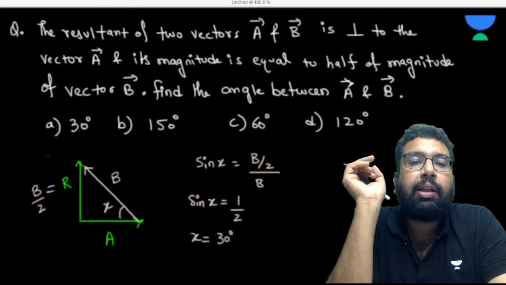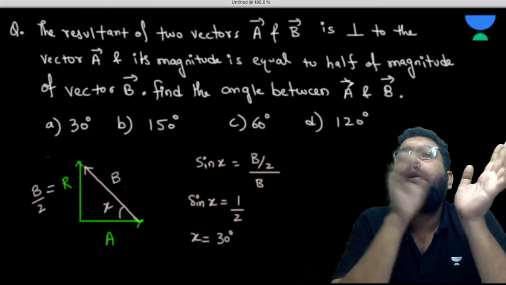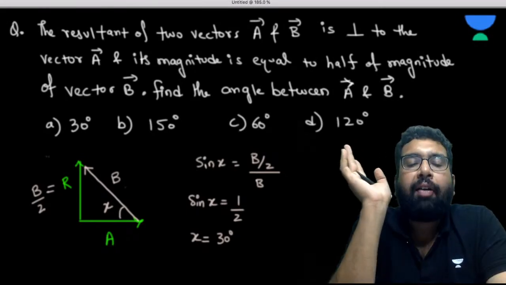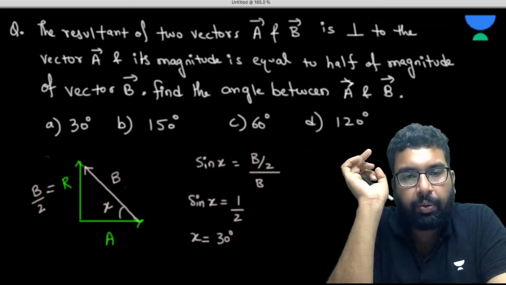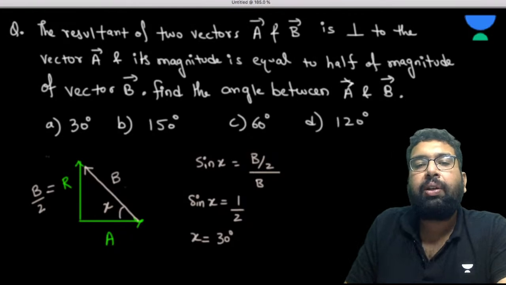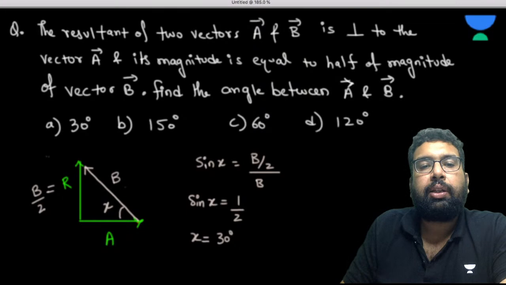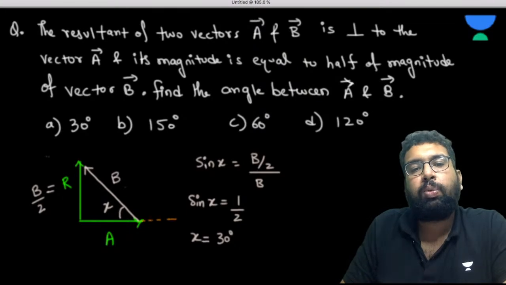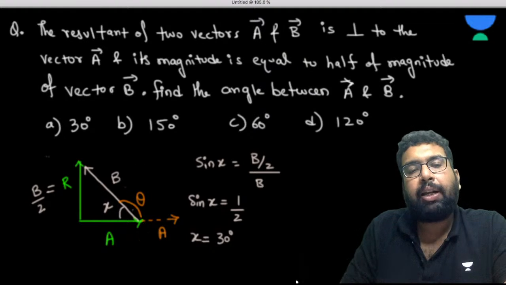So whenever you are seeing the angle between two vectors, you have to have them joined tail to tail. Yes or no? So when we are joining tail to tail, I have to shift this A here to see the angle. So this is B. If I do some parallel shifting of A, this is the theta now. This is the angle between these two vectors. So this is going to be 180 minus 30.